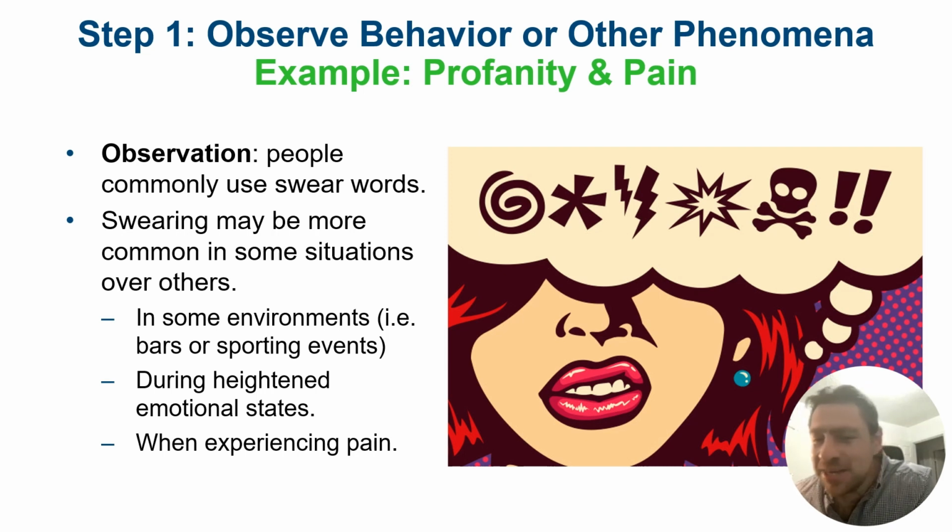For example, in a bar versus a church, in heightened states of emotion, or when people are in pain. When somebody stubs their toe, certain words are much more likely to leave their mouth than other words, and I think we all know what those words are. And so you say to yourself, all right, there's this relationship between profanity and pain, right? There it is. And maybe this observation can serve as the basis of a scientific study.